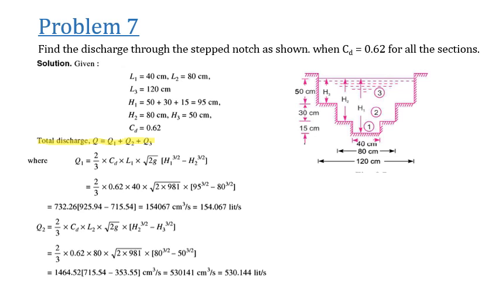The difference of head, because for the first step the head is H1, it will be from the water surface till its base, and its top limit will be from the water surface to its top edge. Similarly for step 2, it will be H2^(3/2) minus H3^(3/2).